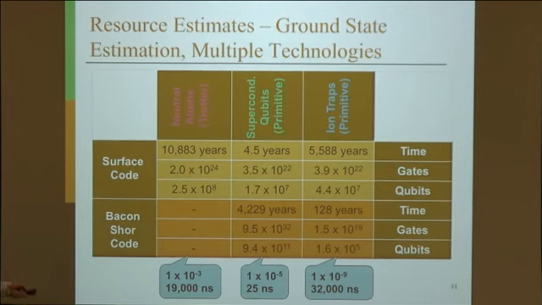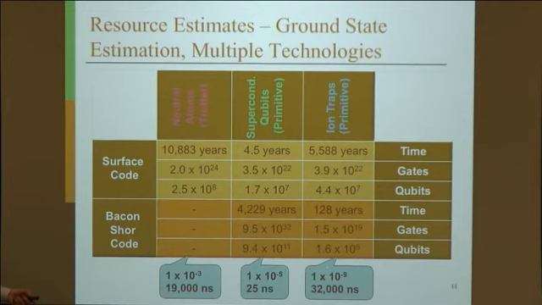But if we decrease the error rate even further for the ion traps, the interesting observation is that the concatenated codes actually do better than the surface code. The reason is, with these very small error rates, we only need one level of concatenation, so error correction with the concatenated code is super cheap.